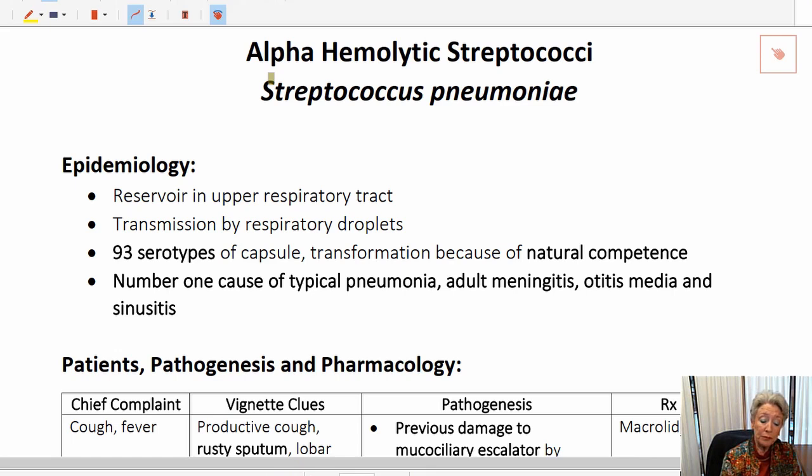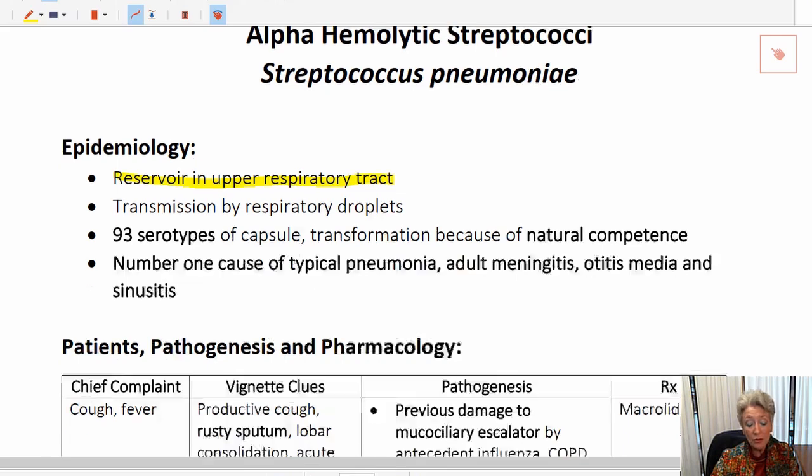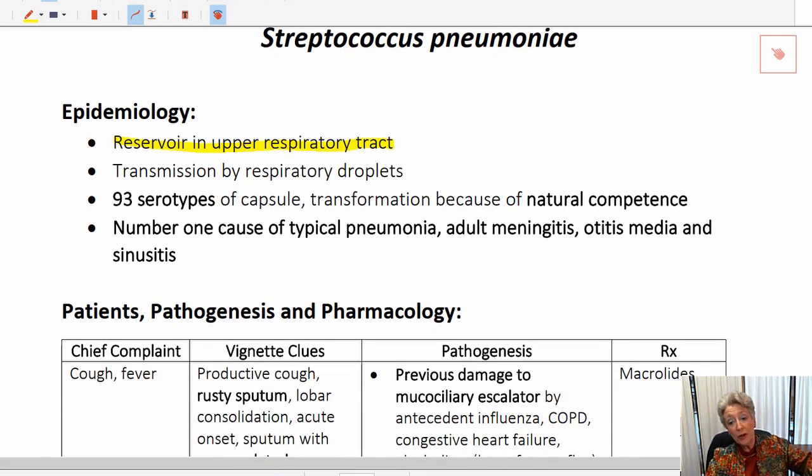Strep pneumo, this one, normal in the upper respiratory tract, causes problems when it gets down below. And as we mentioned as we were going through the microbial genetics, remember this one has 93 different serotypes of capsule. And those organisms in my upper respiratory tract are natural transformers.